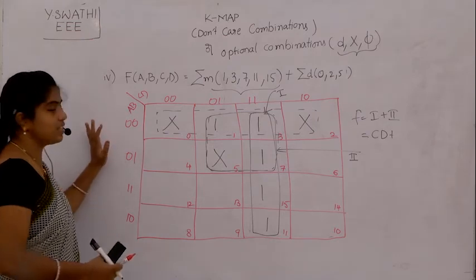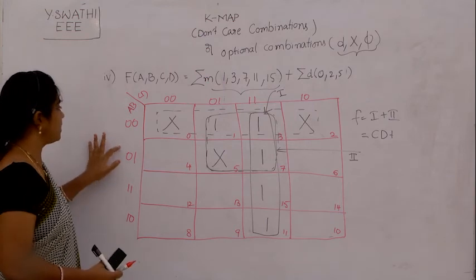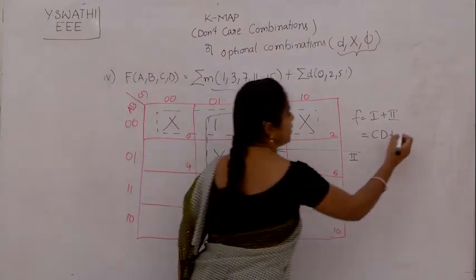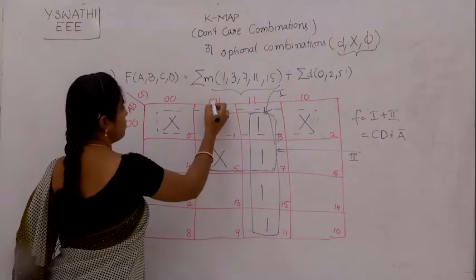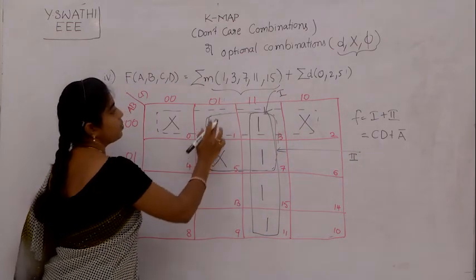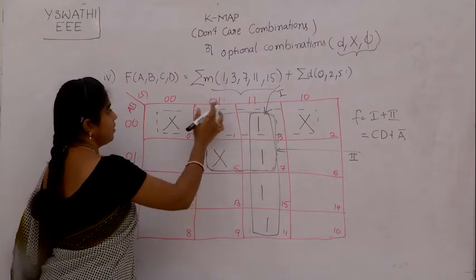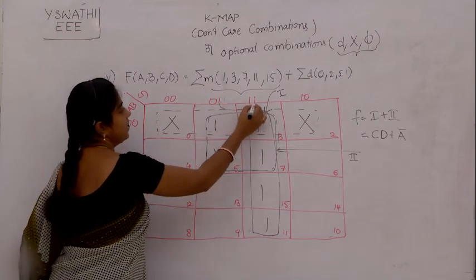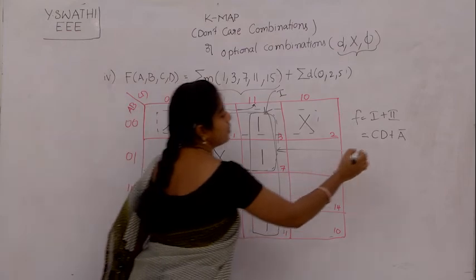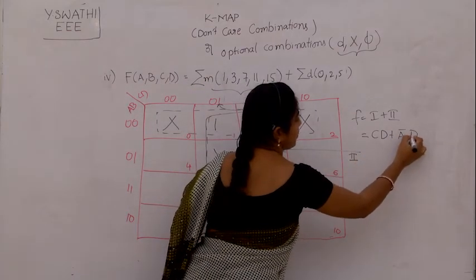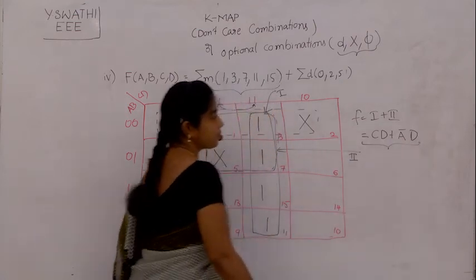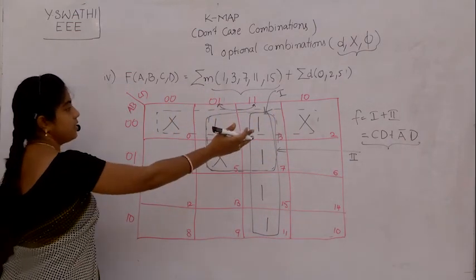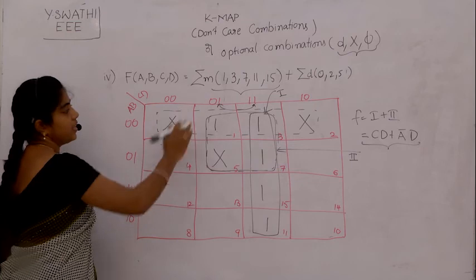What is the unchanged form of A? That is A0, meaning A complemented, and the CD combination changes from 0 1 to 1 1. So what is the unchanged form of CD? That is D in 1, so the uncomplemented form of D. So this is the minimized expression of the given function.